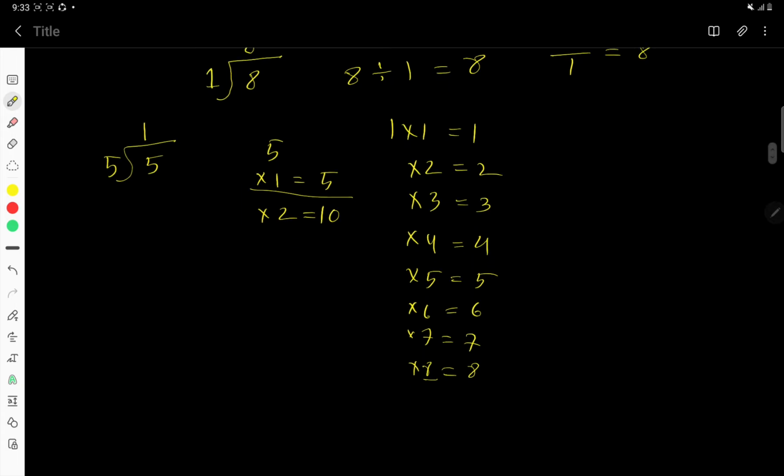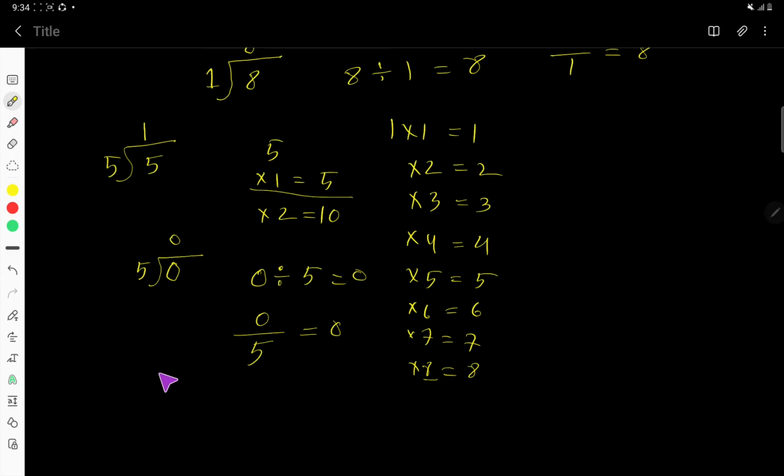Okay. Now here is another rule you need to know. We'd like to divide 0 by the number 5. That is 0 divided by 5. In this case, our result will be 0. When the dividend is 0, the quotient is 0.